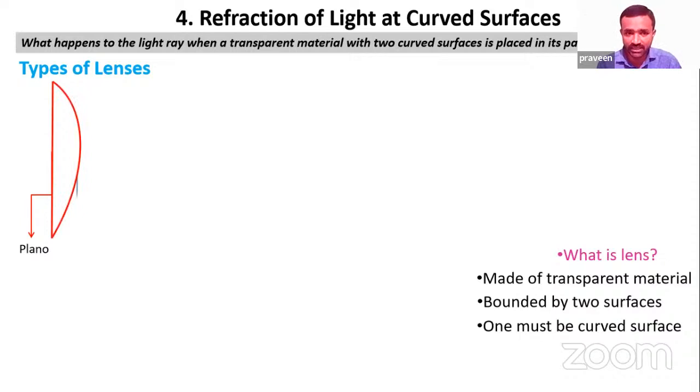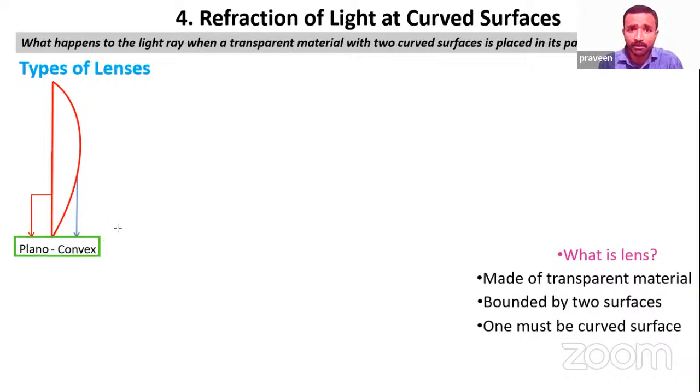So the right side surface is convex. Together, one is a plane surface and the other is a curved surface, specially a convex surface. Then the type of lens is named plano-convex lens.